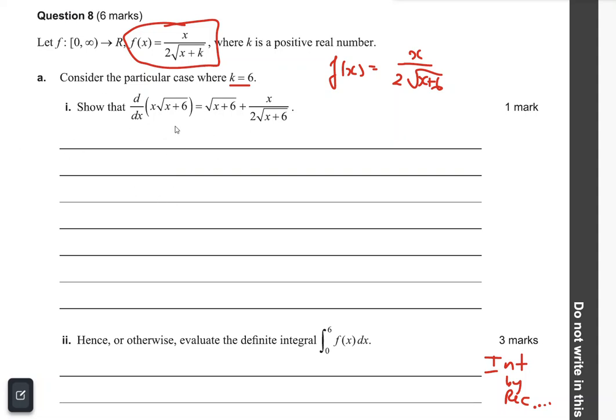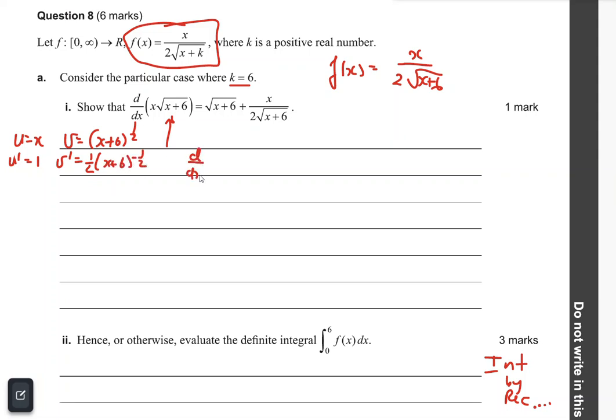Okay, so I've got to show this is this. So it's a product rule. u equals x, u dash equals 1, v equals x plus 6 to the half, v dash will be a half, x plus 6 to the negative a half.